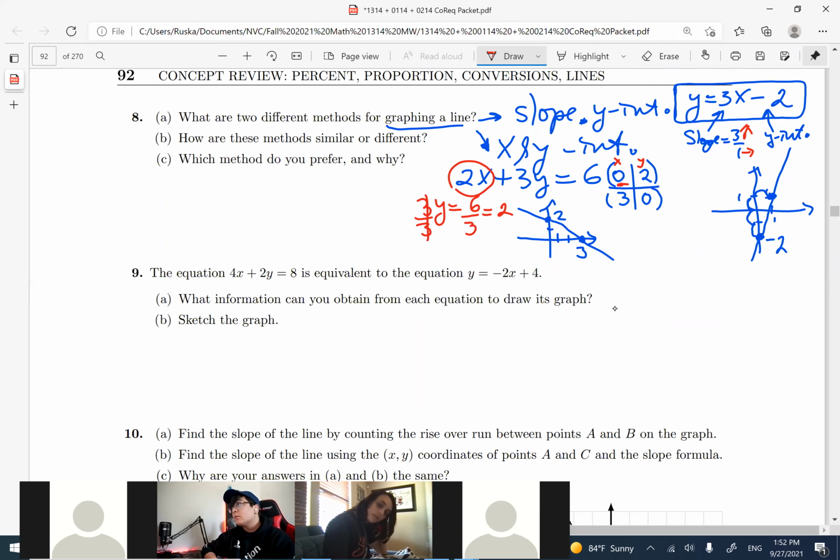I guess what is similar is that you basically get the same answer no matter which method you use. That's right. Whatever method you're using, you're going to get the same graph. That's correct. And for both methods, you're graphing technically 2 points, right? Yes. Okay, good job.